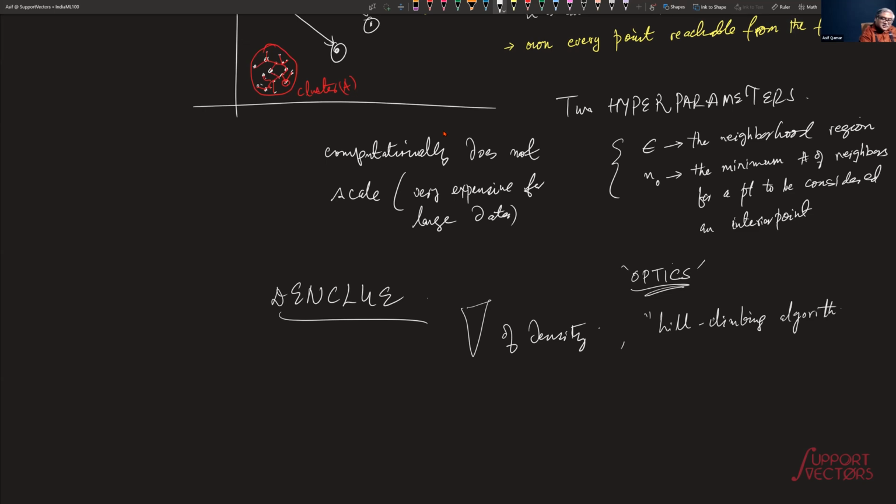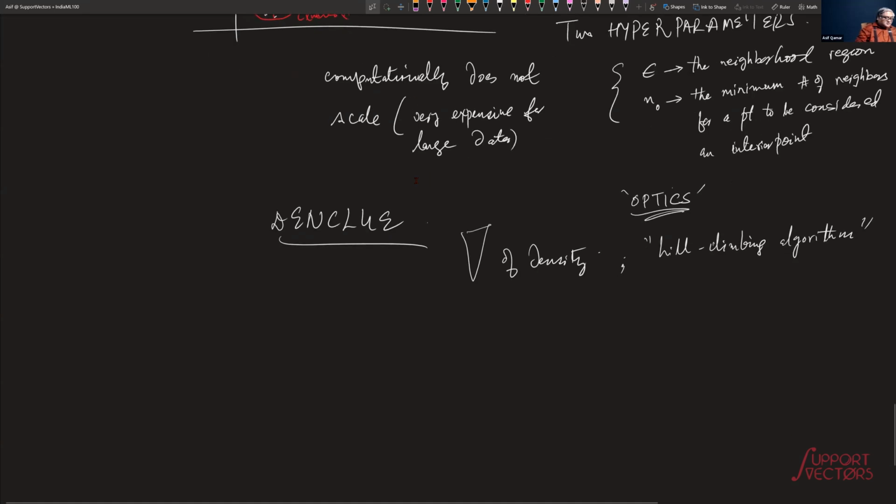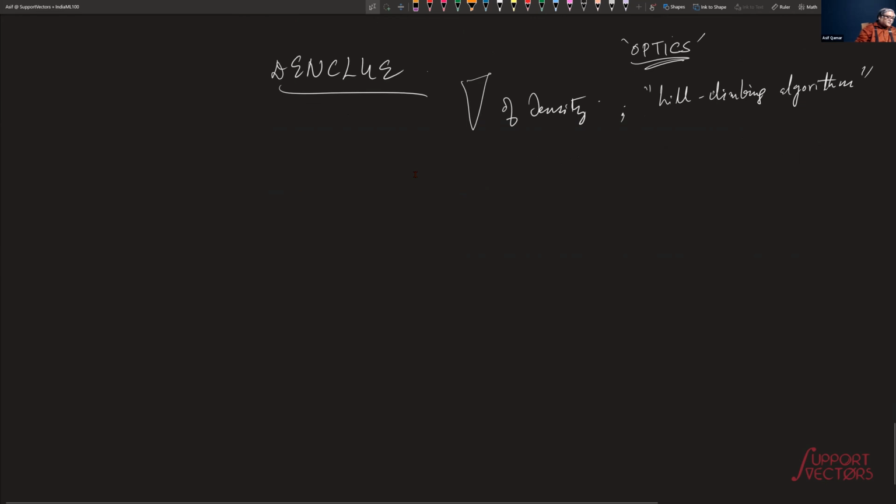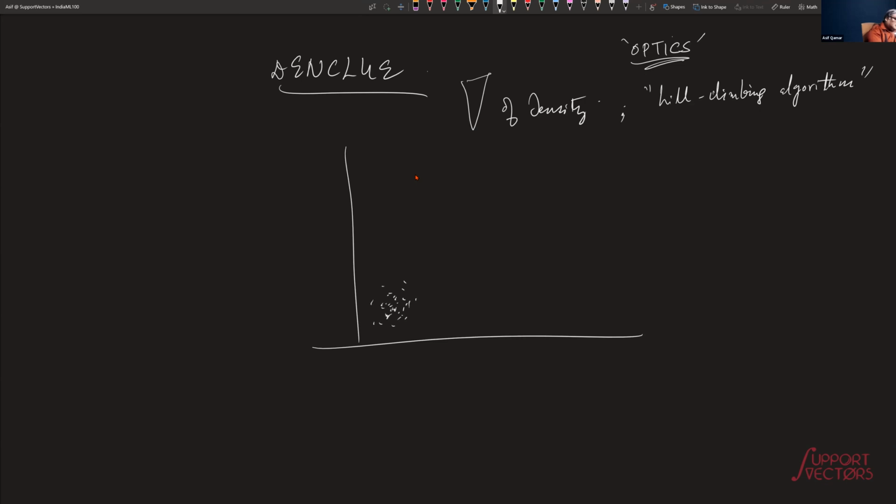What is a hill climbing algorithm and what is a gradient? I'll just give you the physical intuition. The math is straightforward if you know calculus, but I'll assume that at this moment you don't have an appetite for doing calculus. So let me go back to the same picture once again. Suppose you have data like this and data like this.